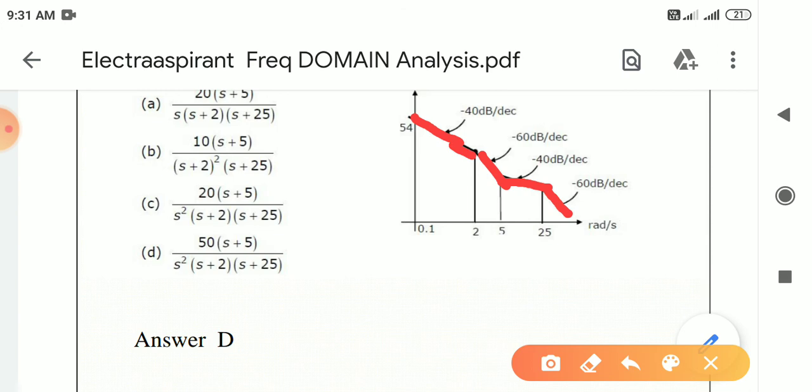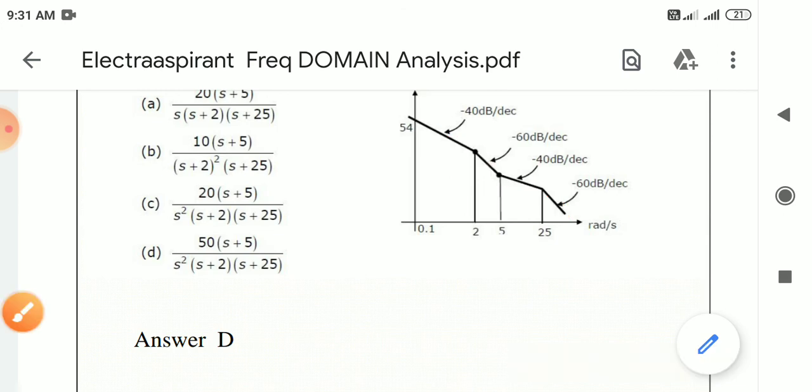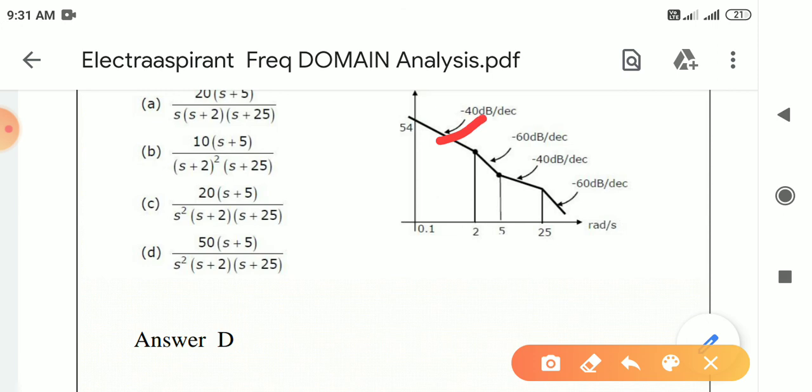Now initially you can see the slope is given as minus 40 dB per decade, and it goes like this. So it indicates a double pole at the origin. So we have the term s square in the denominator.